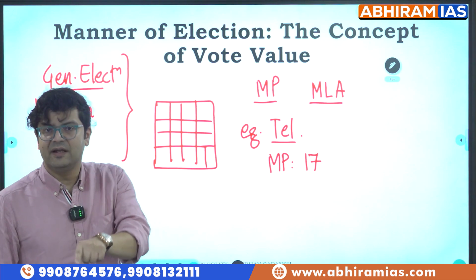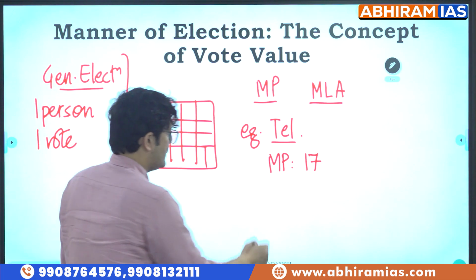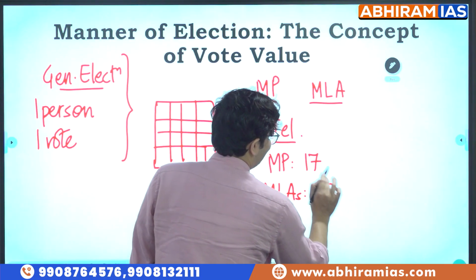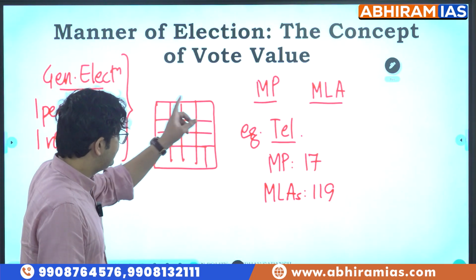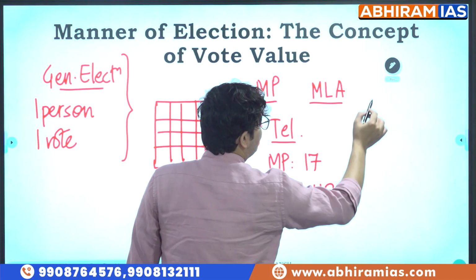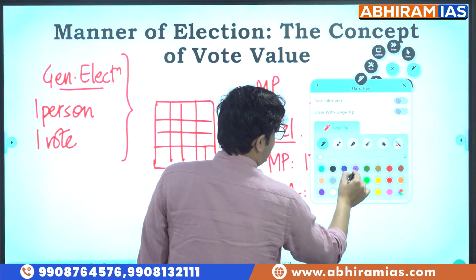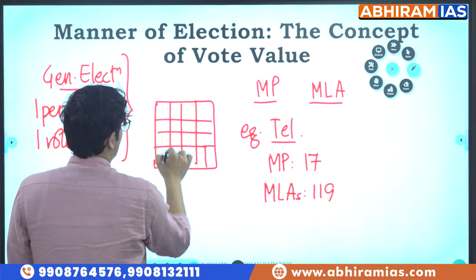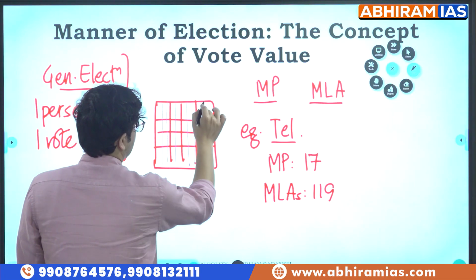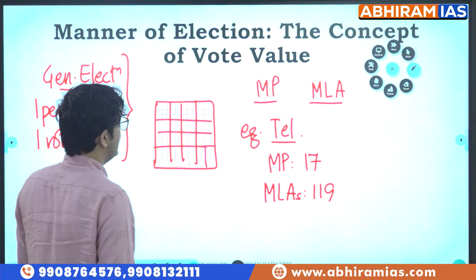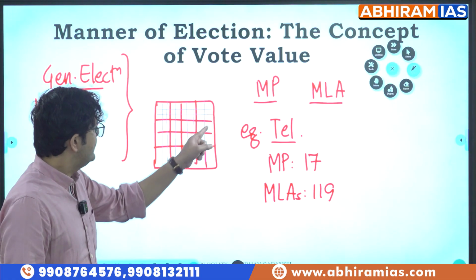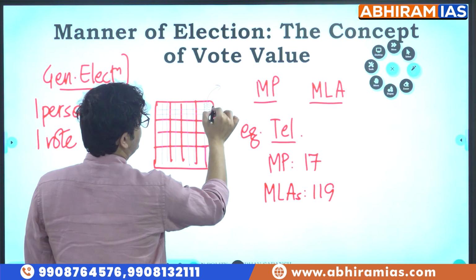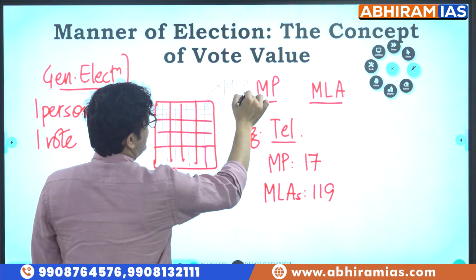Now, how many MLAs are there in your state? MLAs are 119. This means the same state is now divided into how many parts? 119 parts. This means, of course, we have to have more lines now. Right? Now, this means only one thing. All the people of this area are voting to choose an MLA.